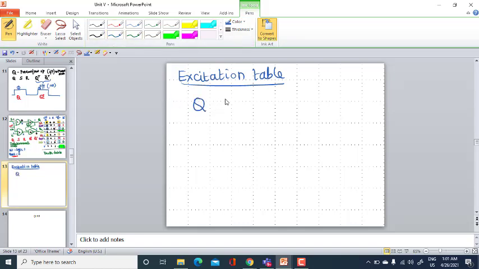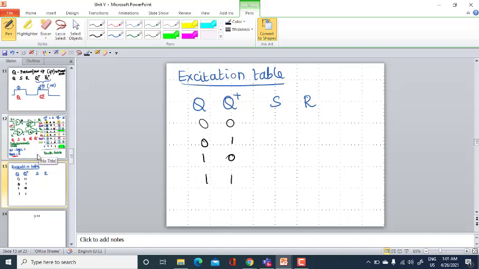The present state is said to be Q and the next state is said to be Q plus, and the input here is S and R. There are 4 possible inputs: 0 0, 0 1, 1 0 and 1 1.